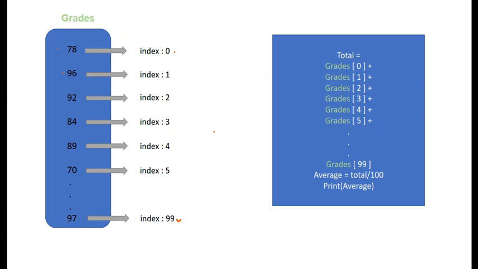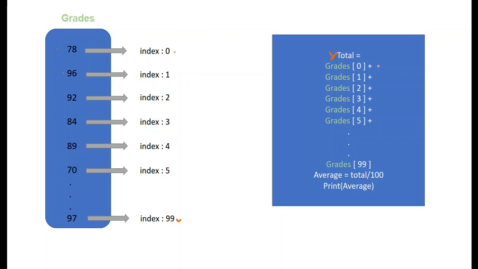And we wanted to create a program to simply sum up all the grades in the list, and then average them out, and then simply print out the average for the user. Now, one way we could do that is to simply start by creating a variable called total, and set it equal to all the grades in the list.